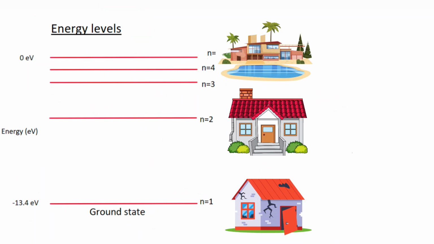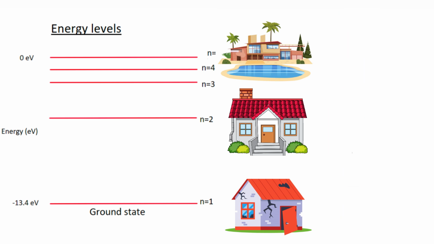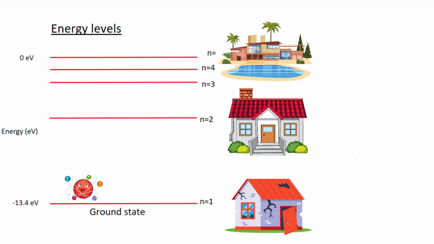I didn't create societies like that, but think of that as different classes of people. People in the lower class, in the middle class, and then in the upper class. And think of those as the energy levels that electrons can occupy. Okay, so if you have an electron that is in the lower energy level, we usually represent this energy level in electron volts.